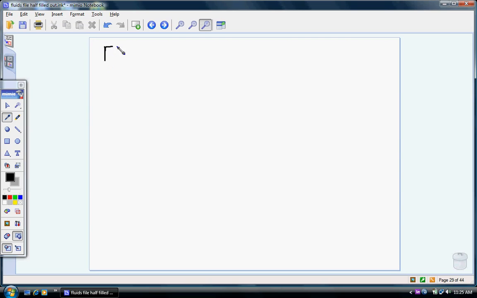So the buoyant force is going to be equal to the weight of the displaced water. In other words, the weight of the water that used to be where the aluminum now is underwater.